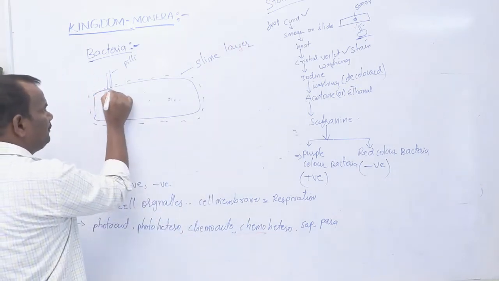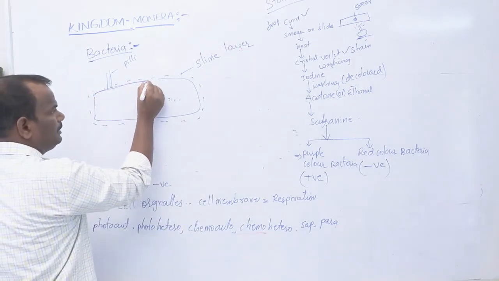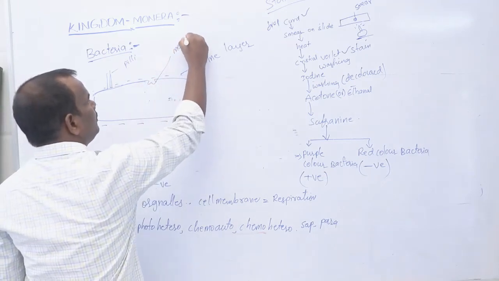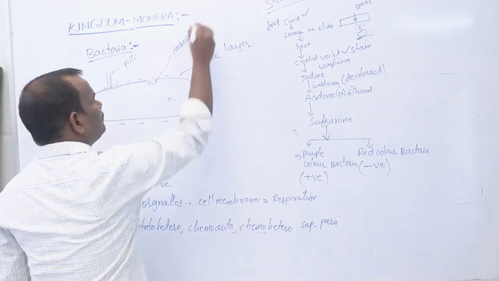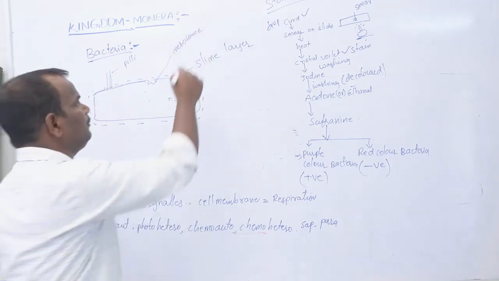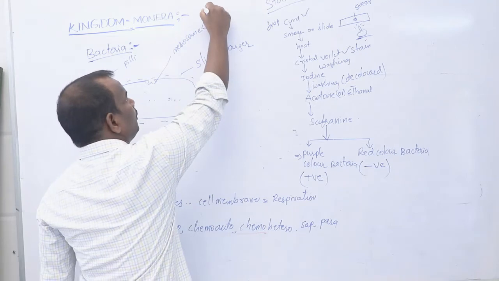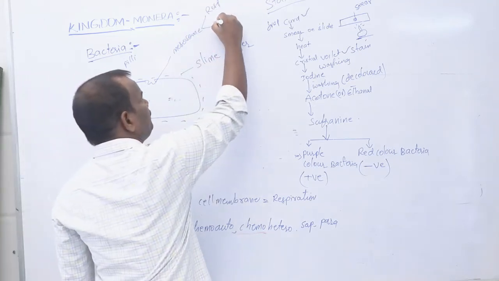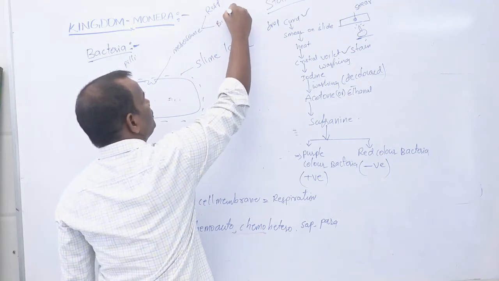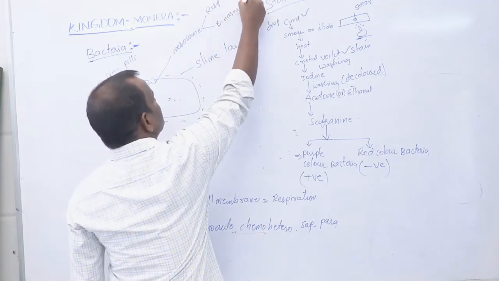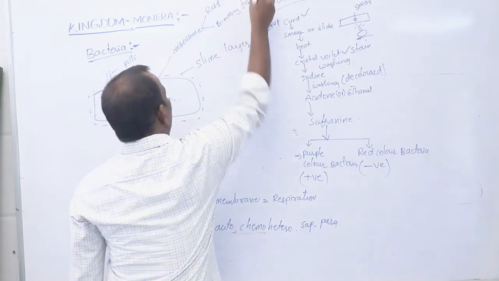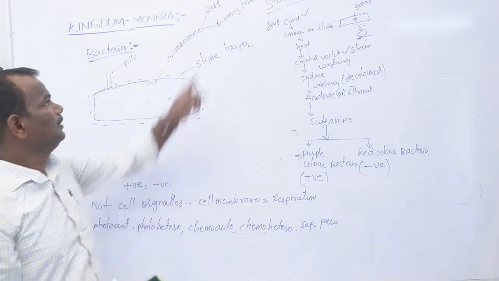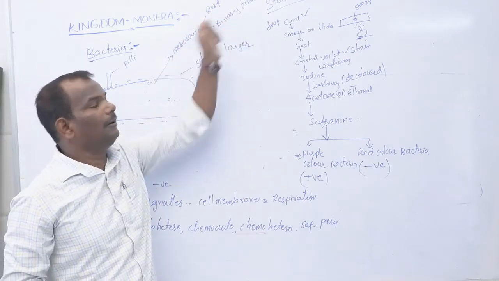Next is the cell membrane, which is modified into the mesosome. The mesosome has two main functions: one is respiration, the second is binary fission.